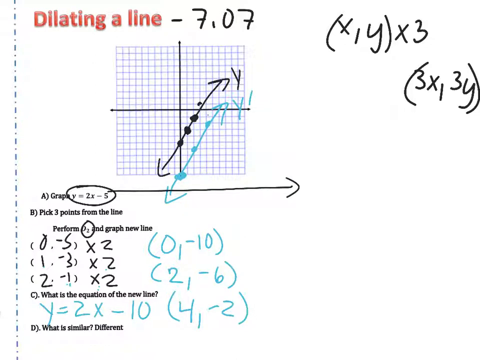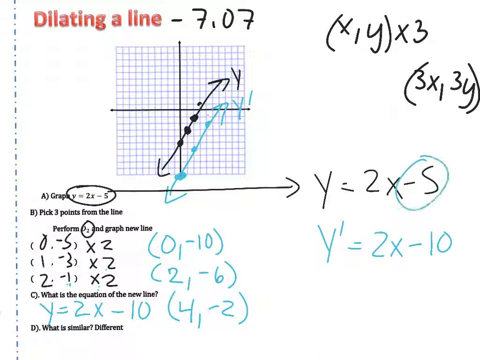So looking at my original equation and my new equation, the only thing that's changed is my y-intercept. And it's been dilated by 2, or multiplied by 2. So that's our key understanding for today. To dilate a line, we're just multiplying the y-intercept by whatever the scale factor is.